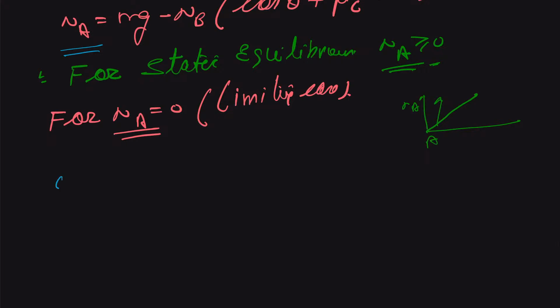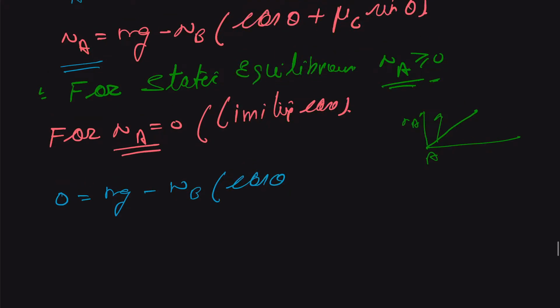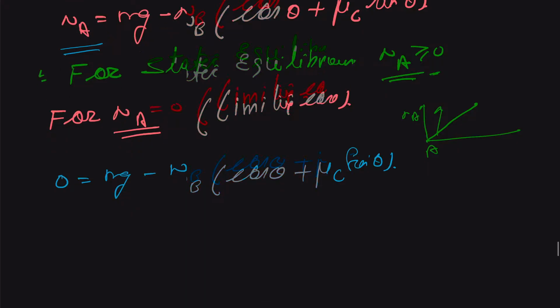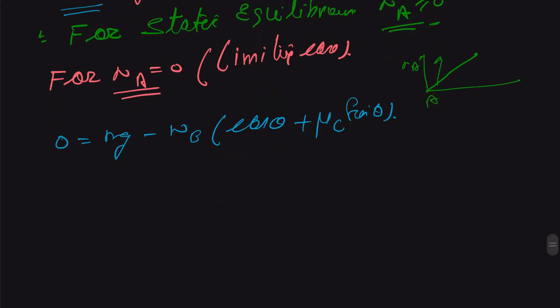We get 0 is equal to mg minus N of B cos theta plus mu of C sine theta, and from here we can write our mu of C will be equal to sine theta times mg by N B minus cos theta.